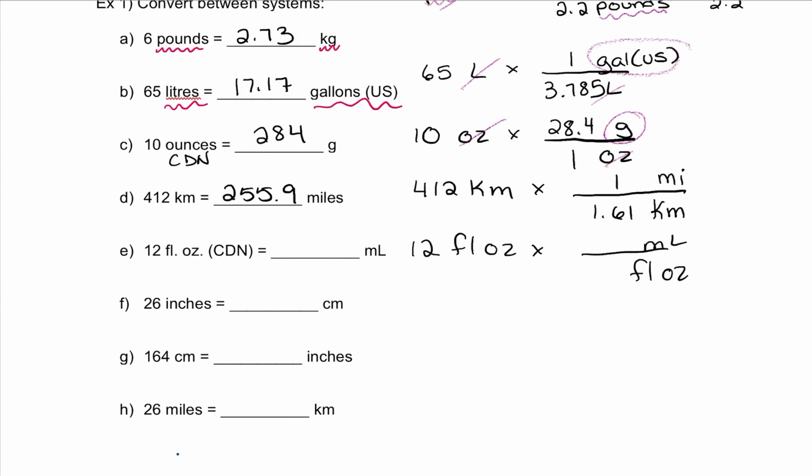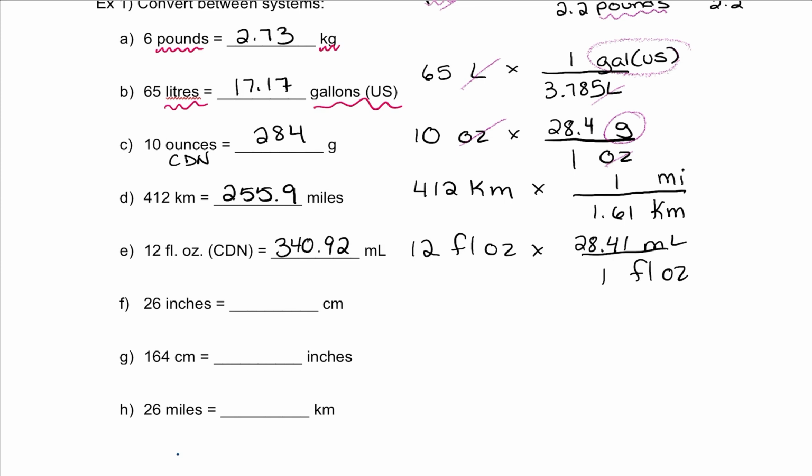You're going to go up to the chart and you're going to look for the conversion. You should notice that 1 fluid ounce is 28.41 milliliters. So let's put our numbers in the appropriate spot. So this ends up being a multiplication question. 12 times 28.41 is 340.92 milliliters.